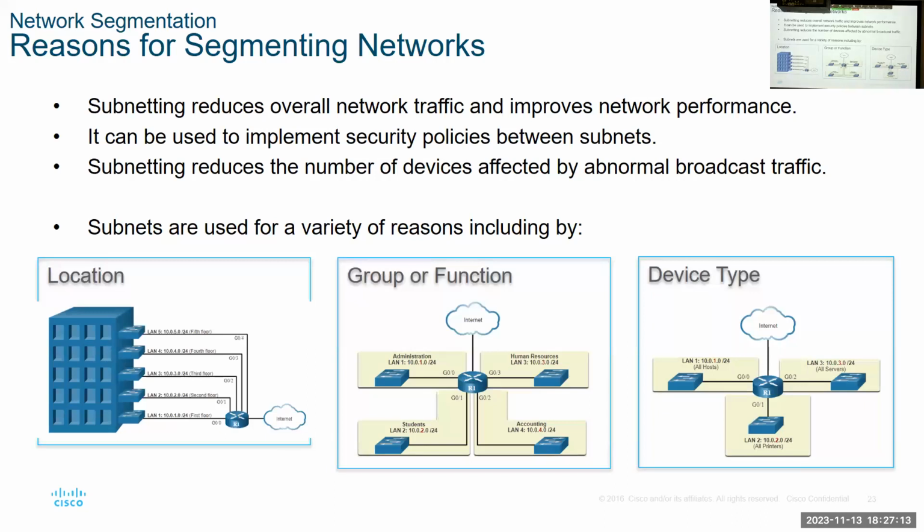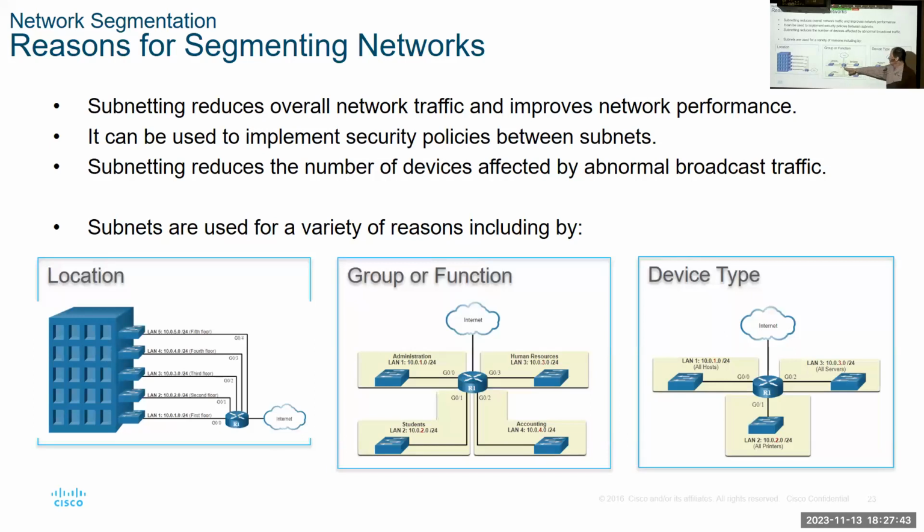And one of the reasons that you might do it by group or function is security purposes. You can create security rules on the router, on each interface of the router, to say, okay, administration can access anywhere, but students can only access their own subnet.